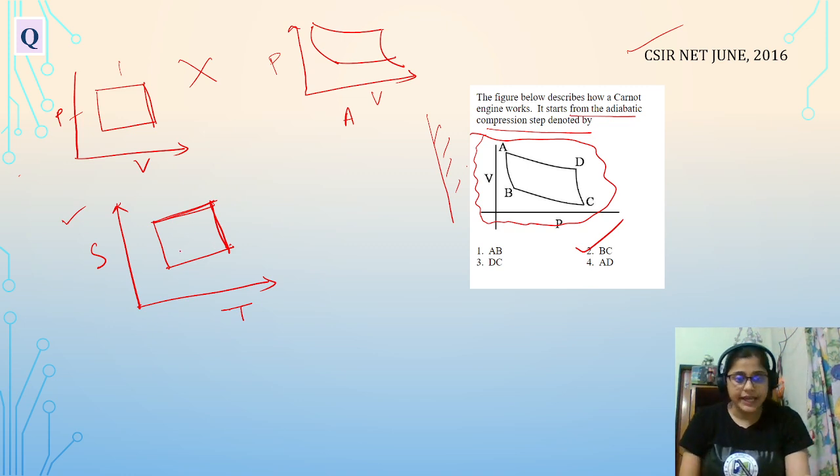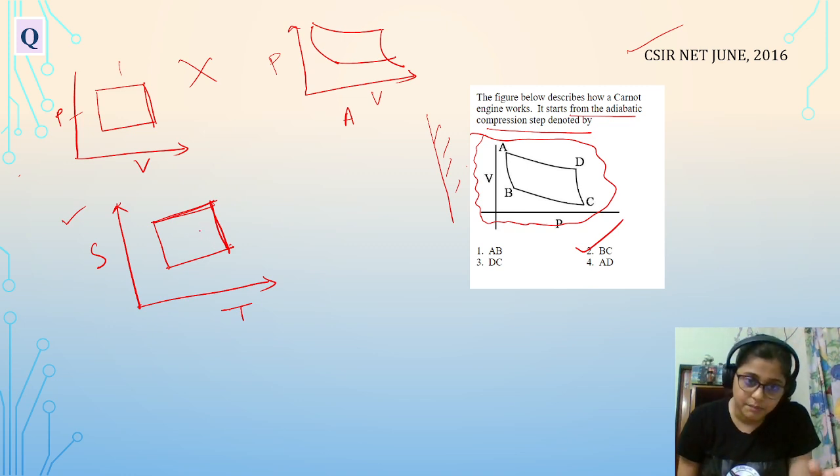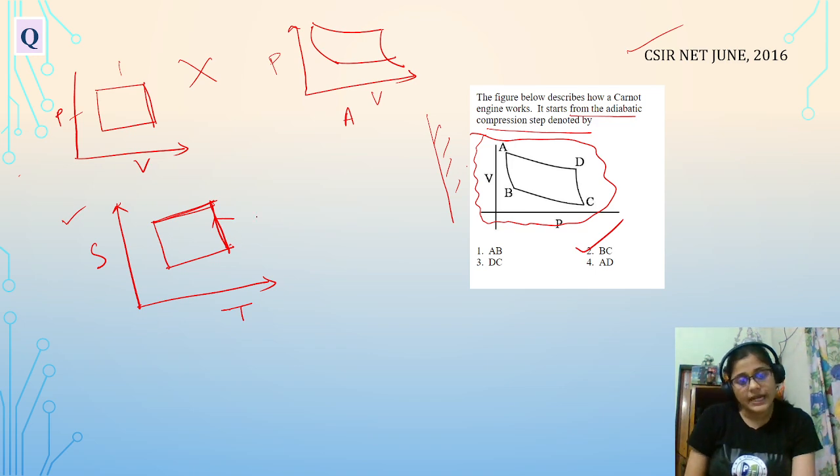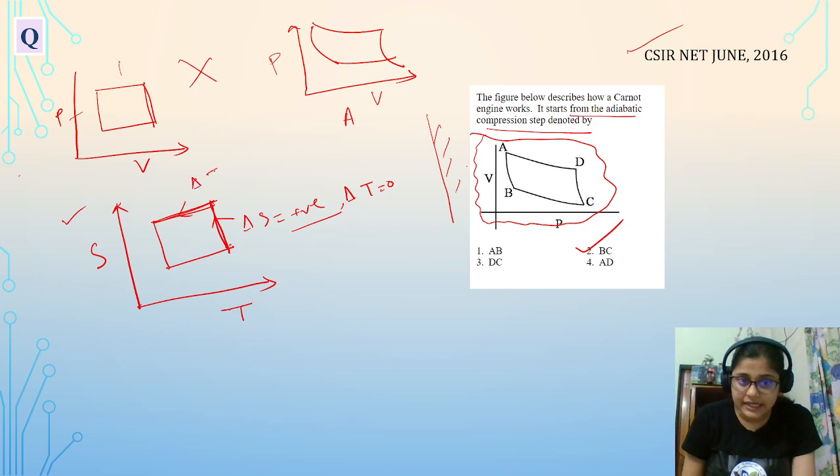So if we take this one, delta S is positive, delta T is 0, first step. Second step, what is happening? Delta T is negative and delta S is 0, adiabatic case.